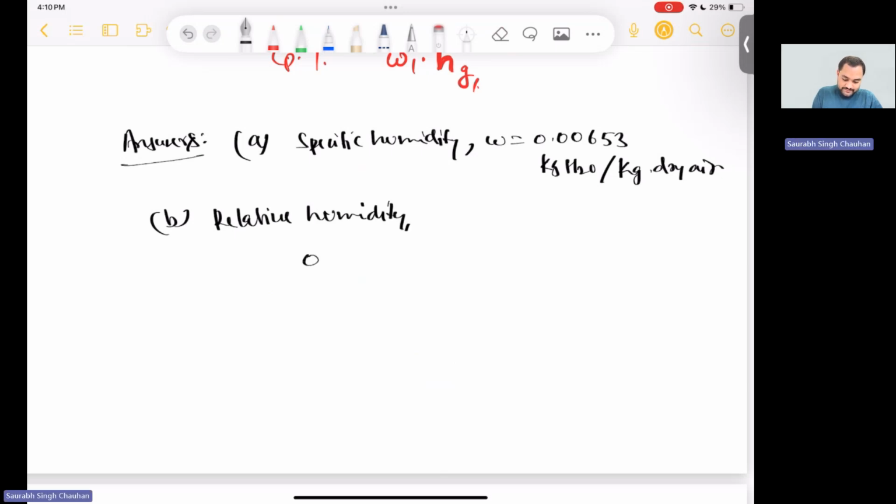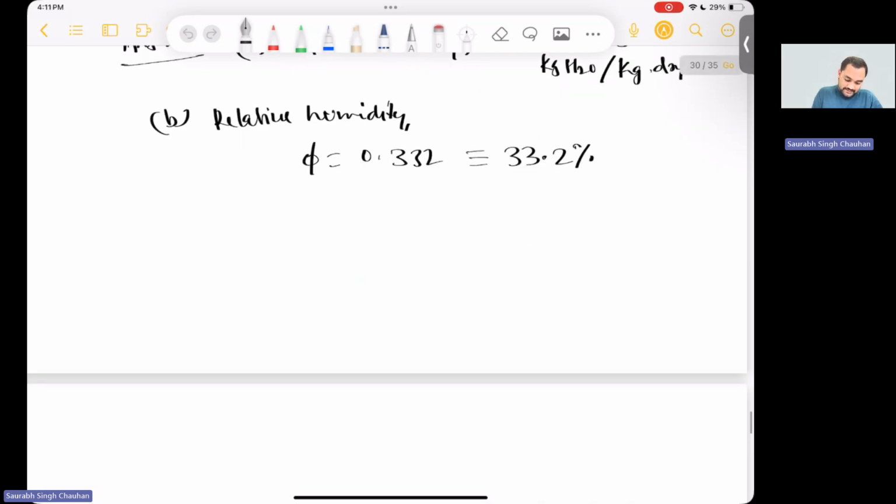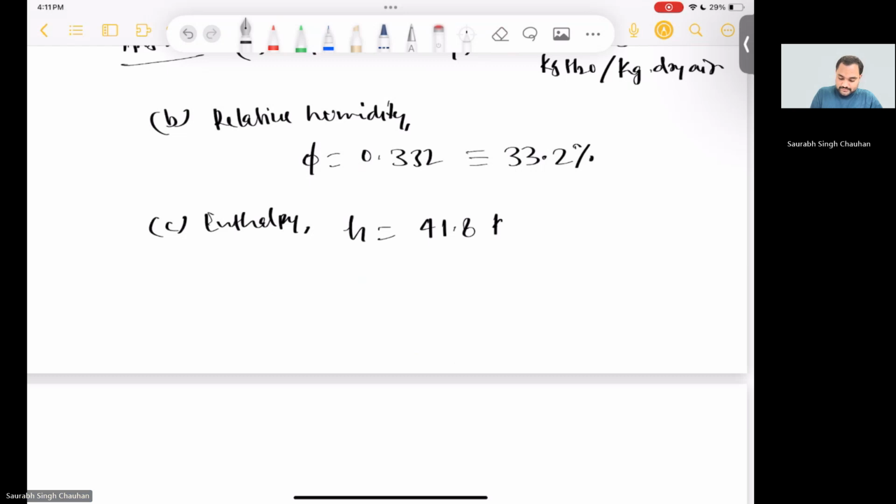The relative humidity phi will come out to be 0.332, or 32.2%, and enthalpy will come out to be 41.8 kilojoule per kg of dry air.